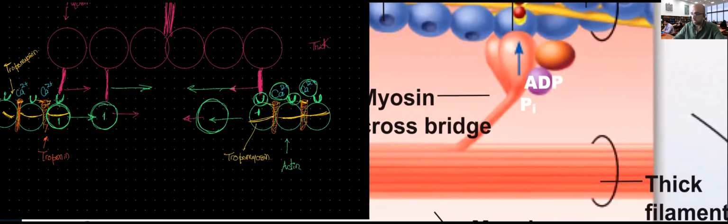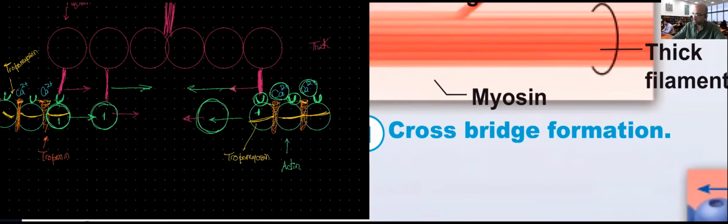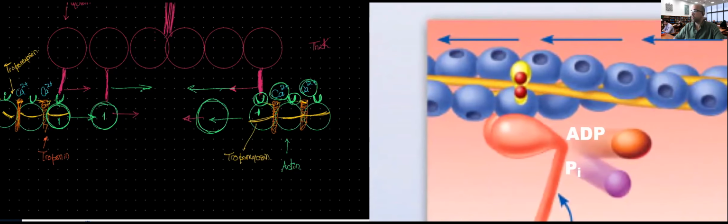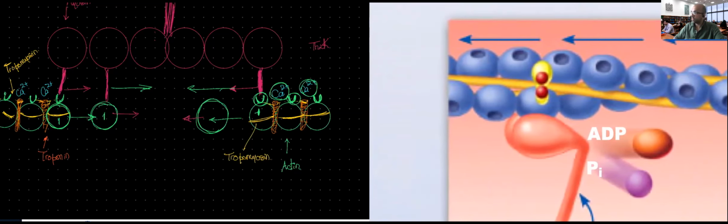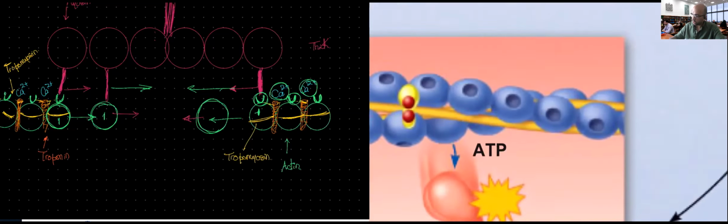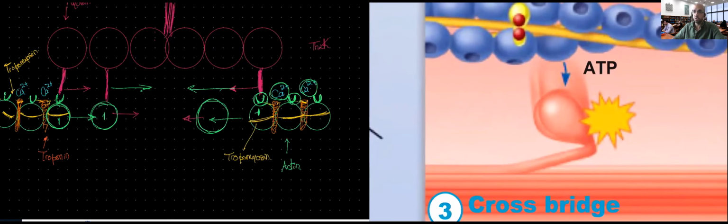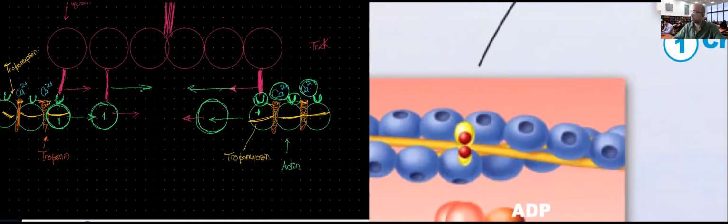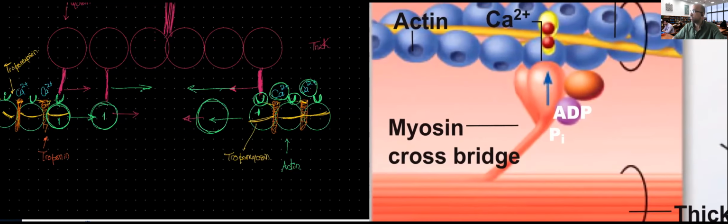You bind to the next actin, you bend, pulling the actin, allows the sliding of the thin filament. You unbind. In order for you to unbind, you need the ATP to bind to the myosin head, and you're ready to bind to another actin.